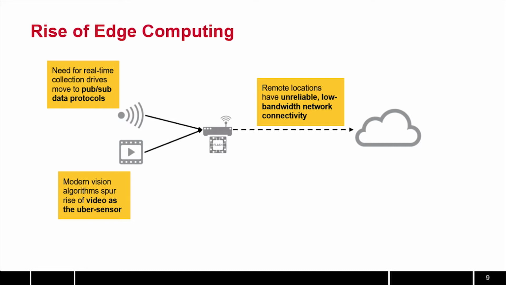But pair that with the fact that a lot of these use cases are being put in far-flung locations where they have either not a whole lot of internet bandwidth or it's unreliable. So a lot of times on oil platforms, they'll try to use satellite as a means to do internet connectivity, or 3G, 4G.